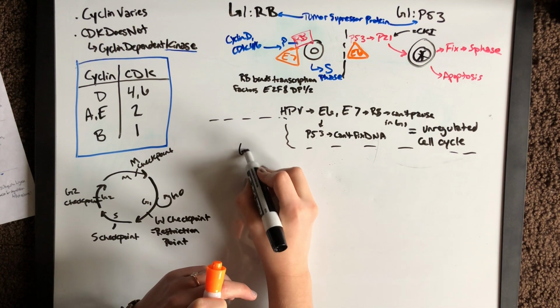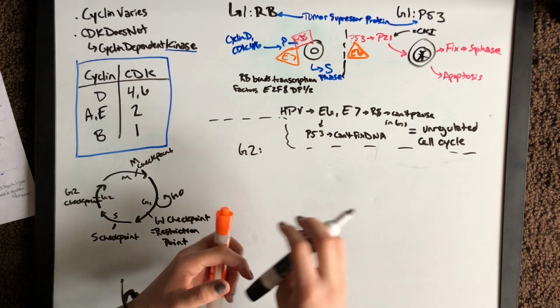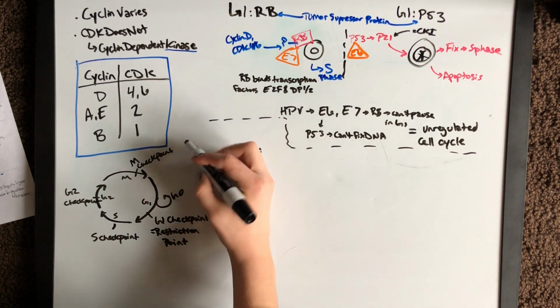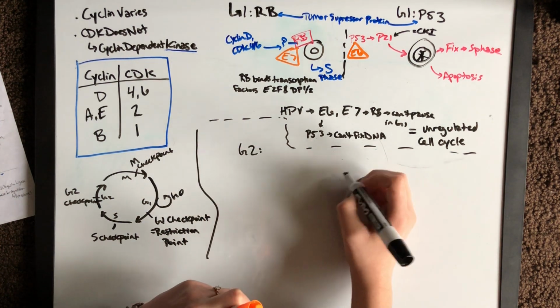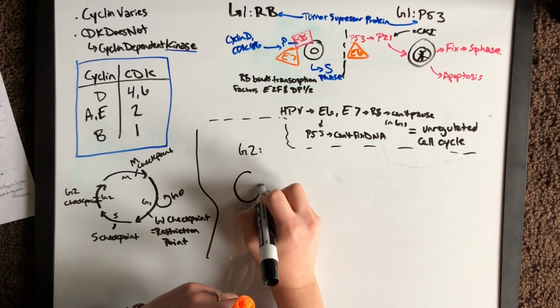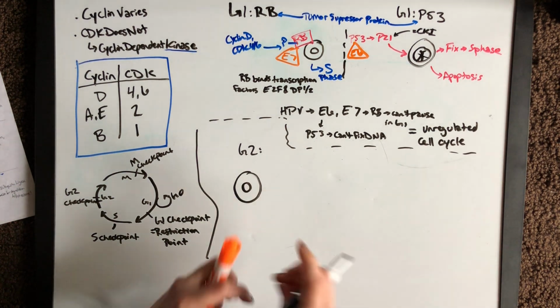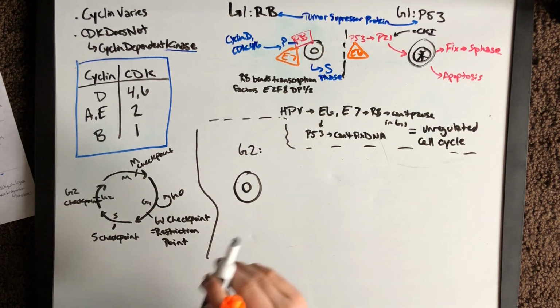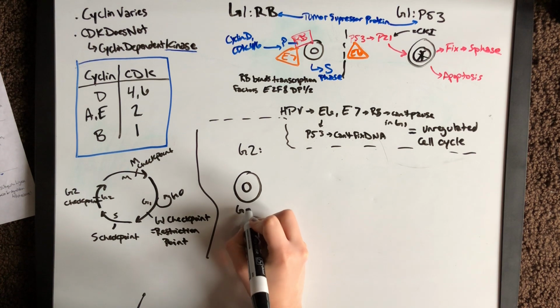In G2, we have our cell. Nice happy cell. And what would usually happen, so this is getting stuck in G2 for a checkpoint.